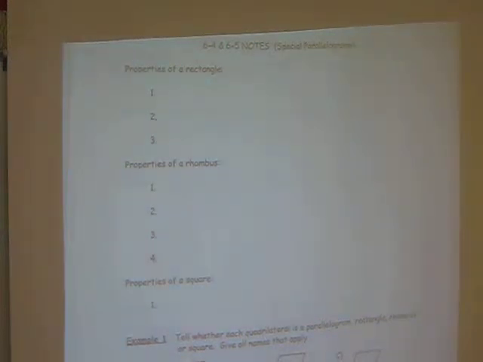The next section in chapter 6 is about the special properties of rectangles, rhombuses, and squares. Rectangles, rhombuses, and squares are all parallelograms, so everything that's true for parallelograms is also true for those.